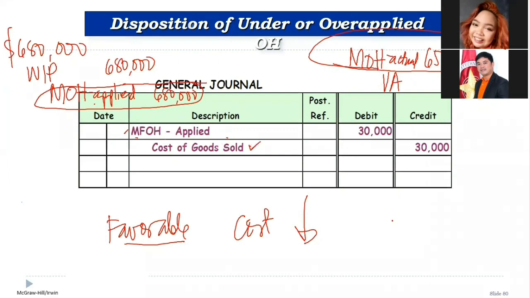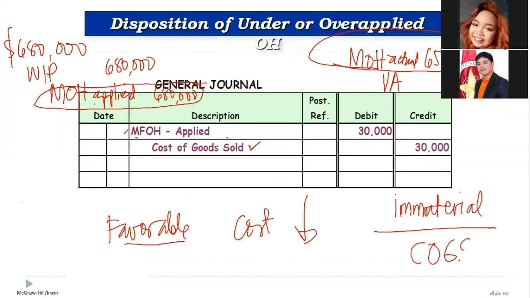Okay? Generally, if the over or under applied is immaterial, i-close mo sa cost of goods sold. Immaterial. Mamaya na natin pag-usapan kapag material. So going back, favorable, so credit ang cost of goods sold, i-debit mo yung manufacturing overhead, yung para sa applied. Kasi nasobrahan.